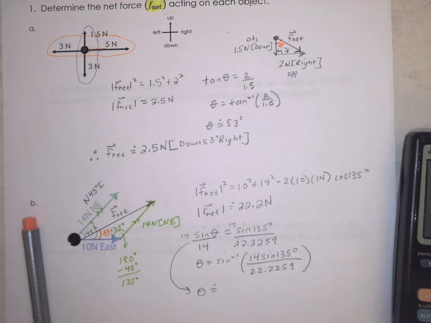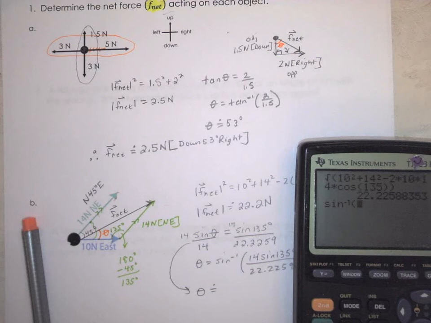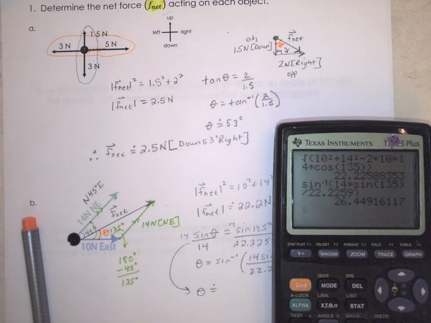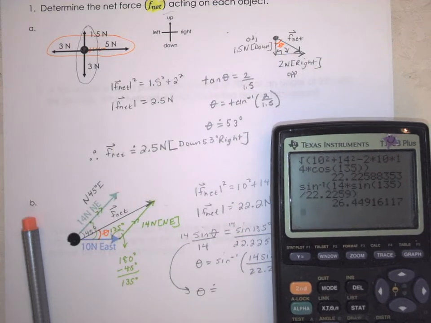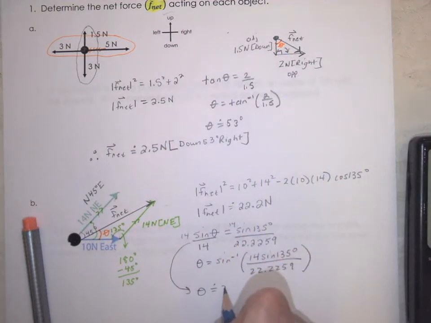So theta is approximately sine inverse of 14 times the sine of 135 degrees divided by 22.2259. My angle is 26.449, so I'm going to say approximately 26 degrees. Round angles to the nearest degree.